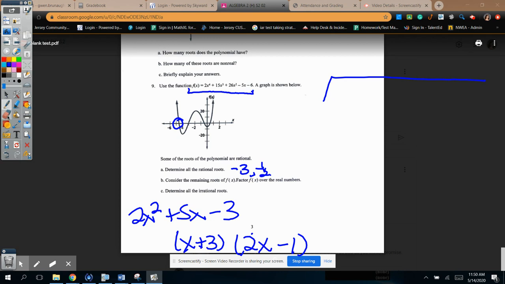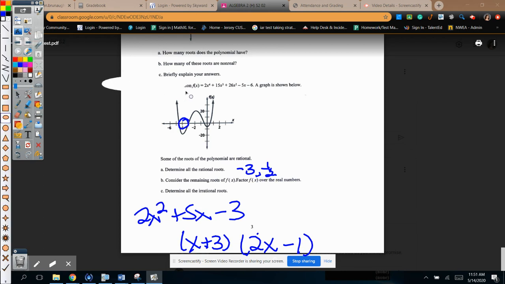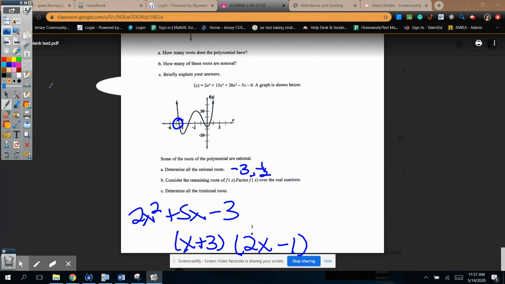I don't want to write that out again because I'm a lazy bum. So I'm going to divide this by 2x squared plus 5x minus 3.